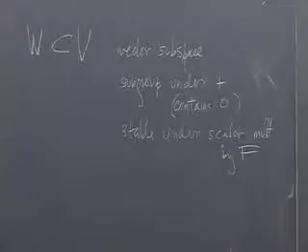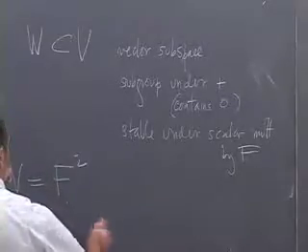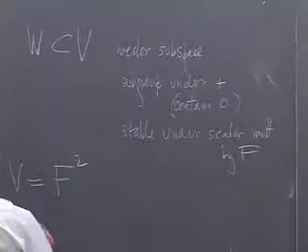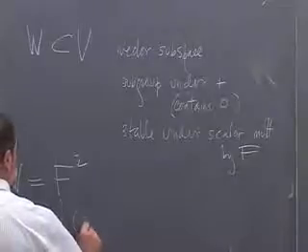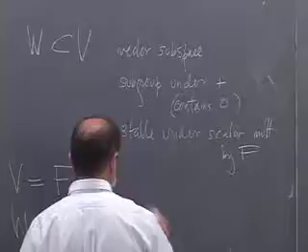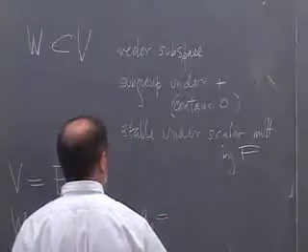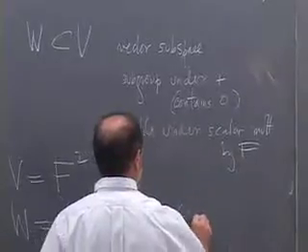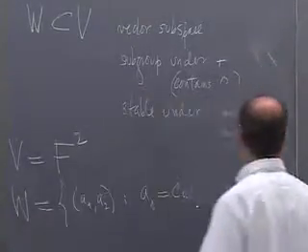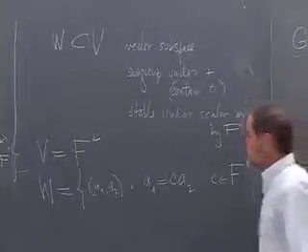So an example: if we took the vector space V, which is F squared, and we took W to be the set of all vectors (a1, a2) such that a1 was equal to c a2, where c is in F, that would form a subspace.